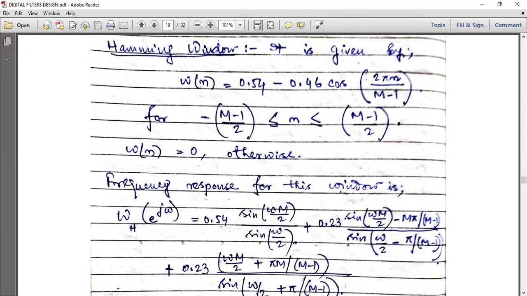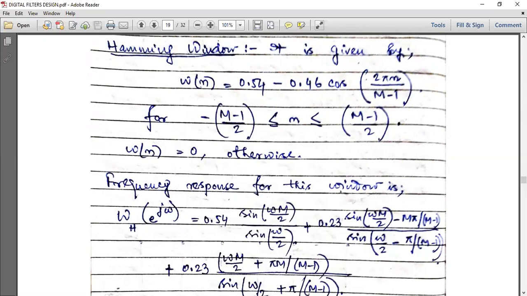Okay, now the frequency response for this window. Hamming window is denoted by W_H, and in case of the Hanning window, the next part, I have written W suffix HANN. This way we differentiate the two types of windows.